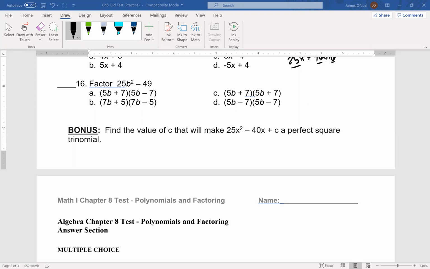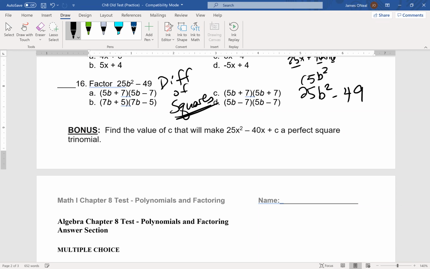Y'all, it's called the difference of squares. Difference of squares. Difference of squares, y'all. Difference of squares. I wish you would have said it, Aiden. All right, so 25b squared minus 49 is the difference of what being squared? 25b squared minus 49 is the difference of 5b squared minus 7 squared.